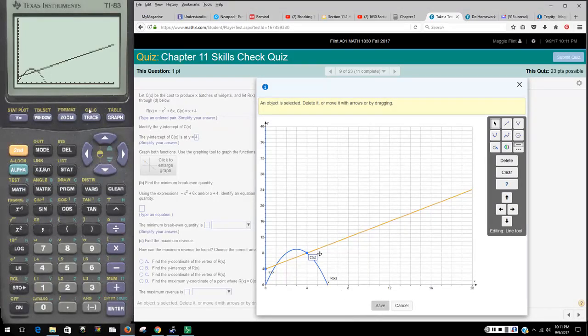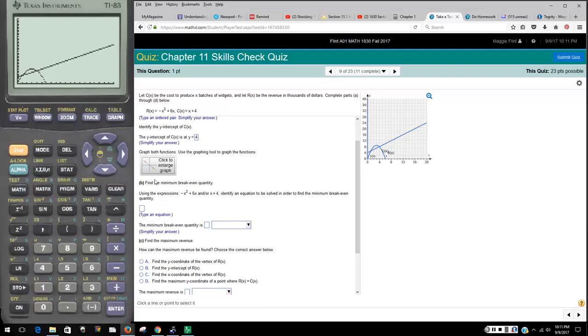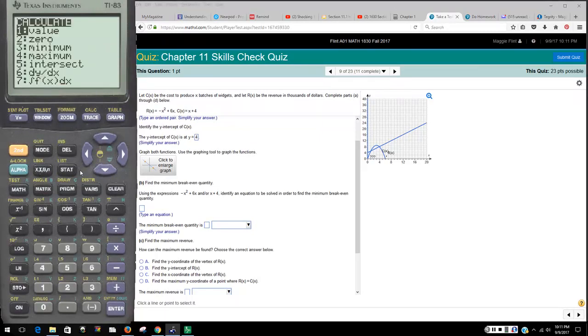So we're going to save that. And then it says find the minimum break-even quantity. Well, the minimum break-even quantity is where the straight line crosses the parabola for the lowest x value, and it appears to be at about 1 something. We're going to find that using the calculator once again, second trace to get the calculate menu, and we want to find the intersection point.